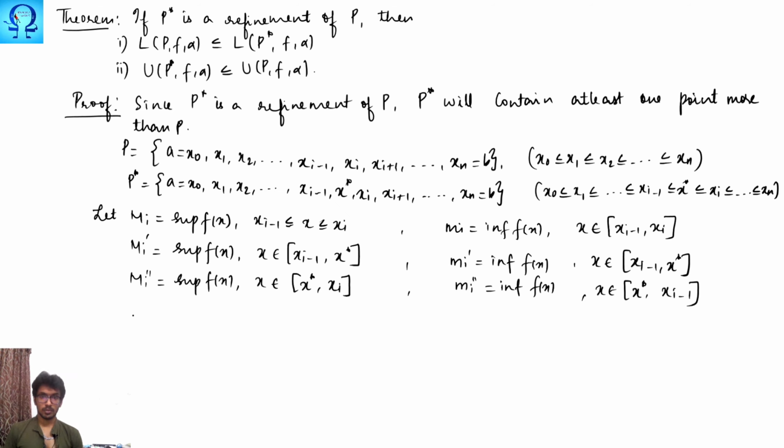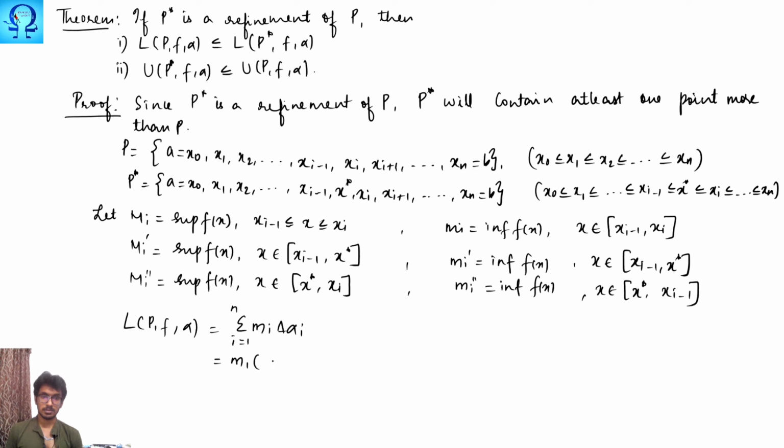Okay, now let us write down L(P, f, alpha). What is it going to be? It is the summation, i runs from 1 to n, of small mi delta alpha i.